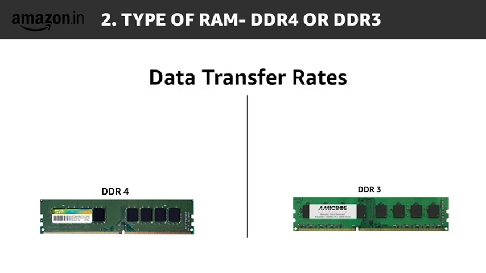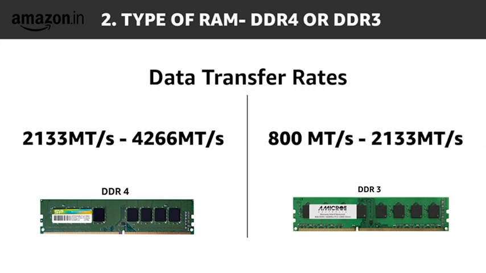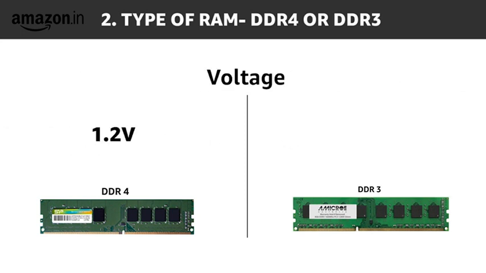DDR4 RAM can transfer data at a rate between 2,133 million transfers per second and 4,266 million transfers per second, while DDR3 RAM can only hit data transfer rates between 800 million transfers per second and 2,133 million transfers per second. DDR4 RAM also uses a lower voltage when compared to DDR3 RAM.